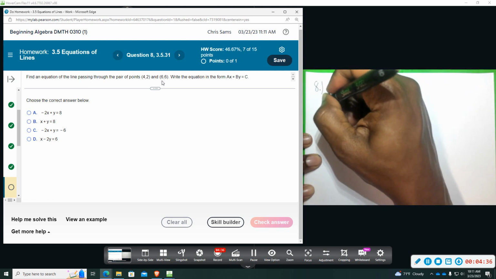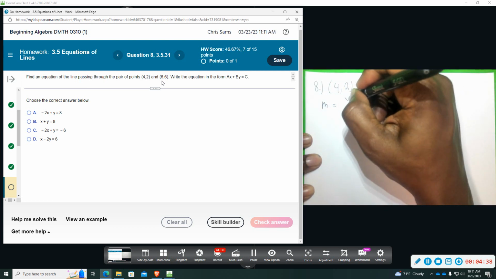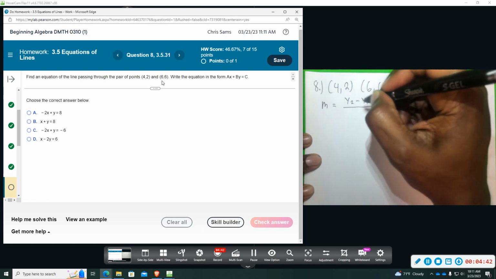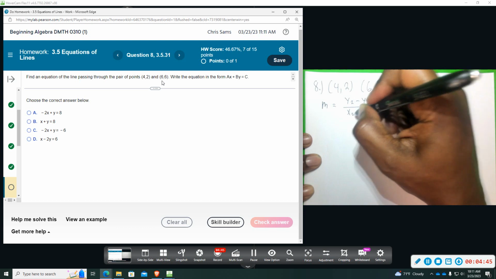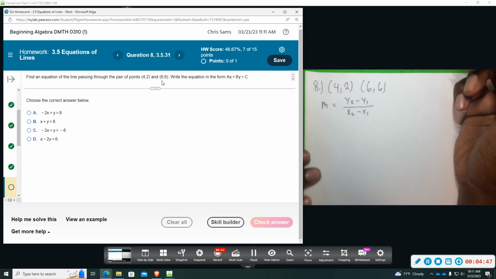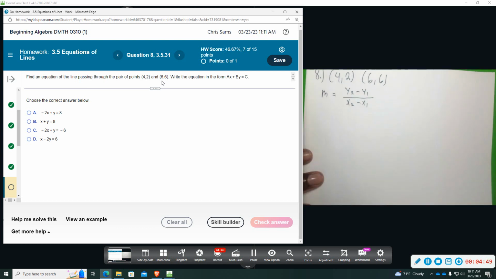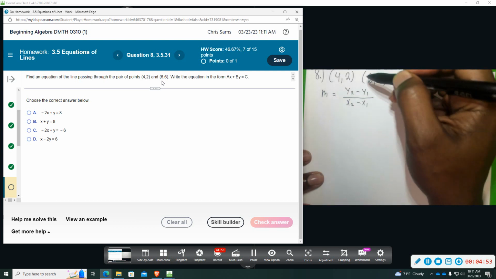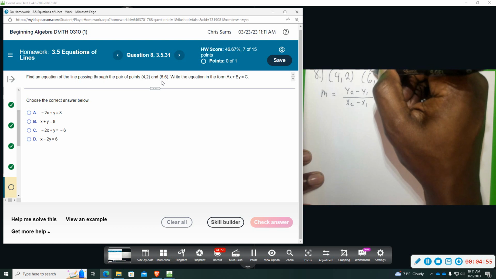So remember slope formula, y2 minus y1 over x2 minus x1. So this is my first point, this is my second point, so this is going to be my x2 and my y2.